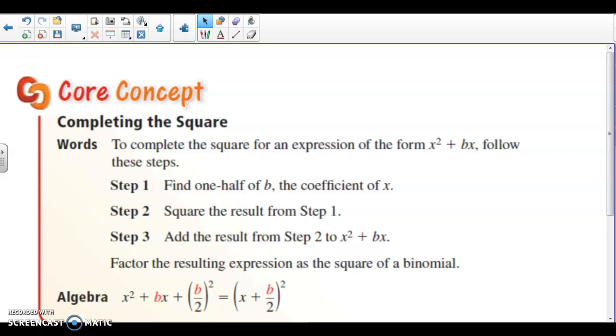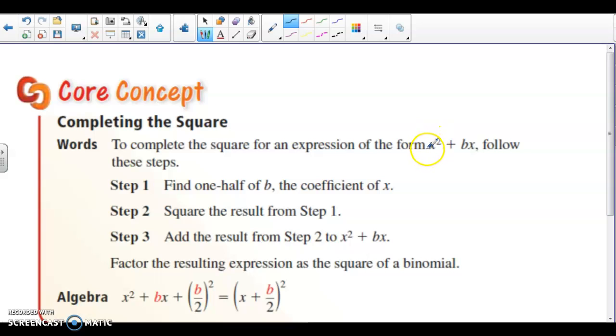Okay, so what we're going to do today is completing the square. So the important thing to note out of this core concept is that we need to have an expression in the form x squared plus bx. You'll notice there's no a in front of the x squared. Usually it's ax squared plus bx plus c. But in this case, we need the a value to always be 1. So if the a value is not 1, we have to divide by whatever the a value is to make the a value into 1.